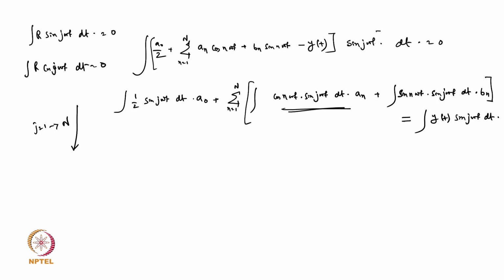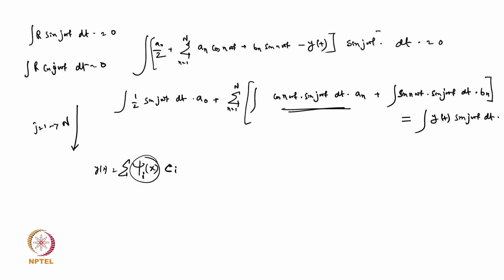Suppose you have some terms, maybe phi of x, and you are expanding it with some unknown ci. That ci you are trying to calculate, and you have some functions like here sin j omega t, cos j omega t. So you have some functions and you expand it completely.